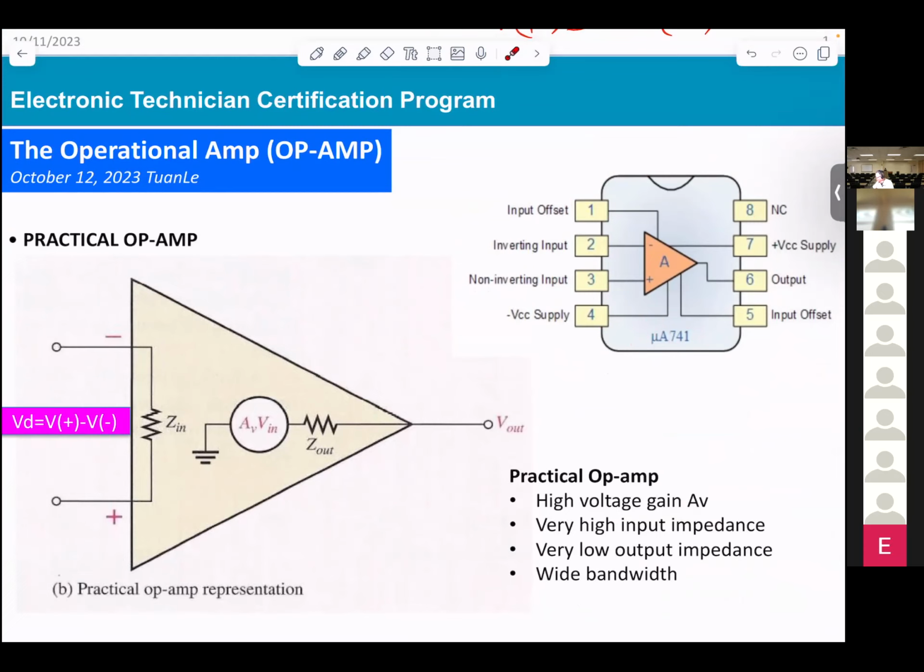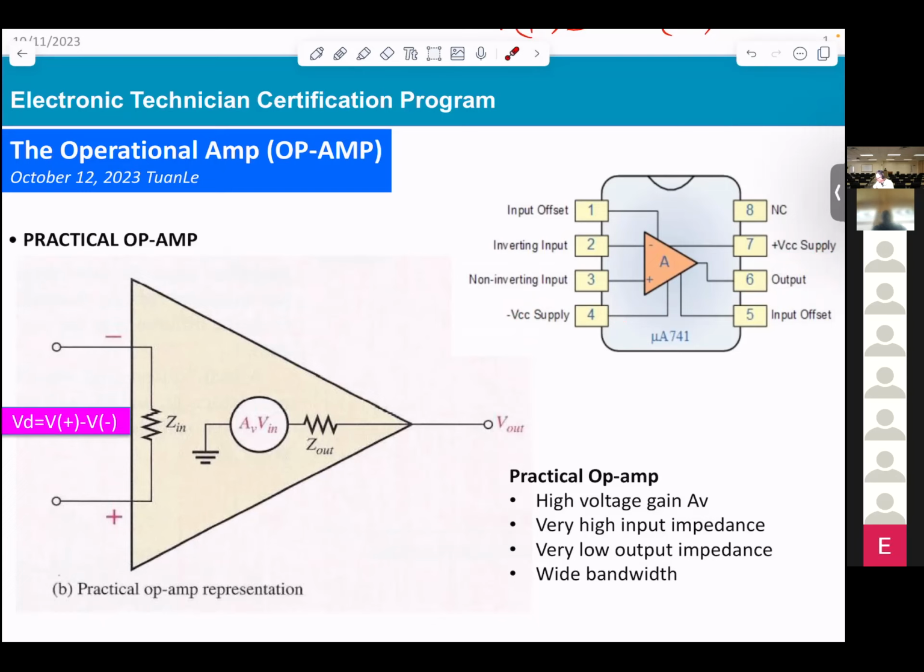They tell you which one is input positive, input negative, and the output of the op-amp. Pin 4 will be connected to the negative power supply. Pin 7 is the positive power supply.